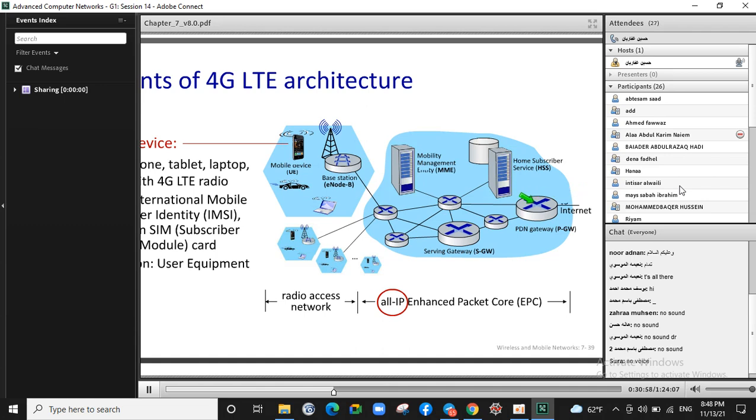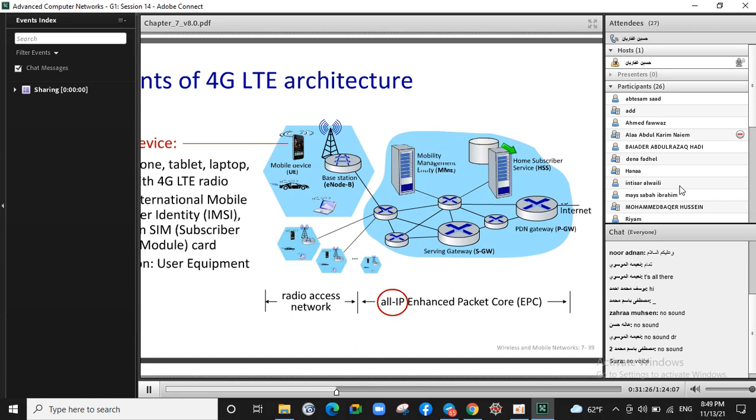Service gateway routers, PDN gateway routers, a link toward the internet. If I want to use a data service, I should connect to the internet, so we can see there is a PDN gateway or PGW, a gateway toward the internet.